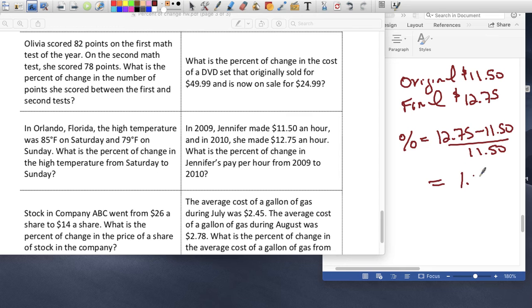So $1.25, and we're going to divide that by 11.50. 1.25 divided by 11.5 is going to be 0.10869. If you change this into a decimal, 1, 2, 10.87%. So it went up by 10.87%.